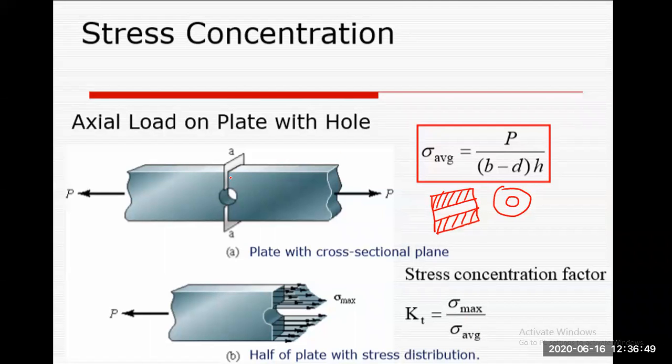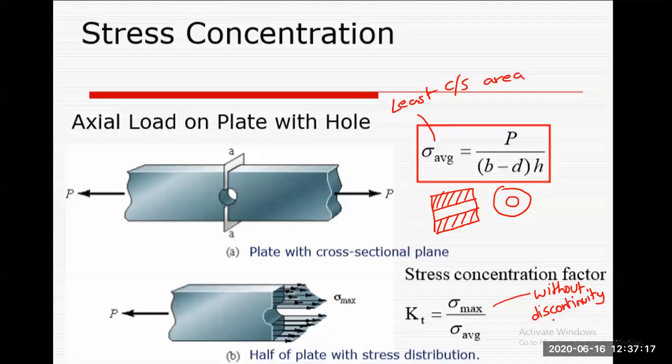Average stress is the stress encountered at the least cross section area, whereas maximum stress is the usual cross section area, that is without the discontinuity. Without discontinuity, whatever stress you encounter is determined as the actual value of that.